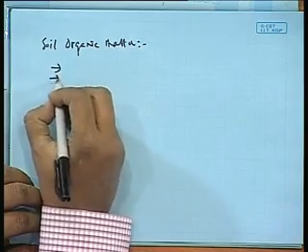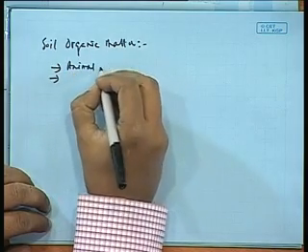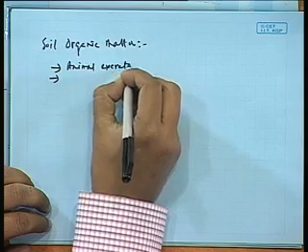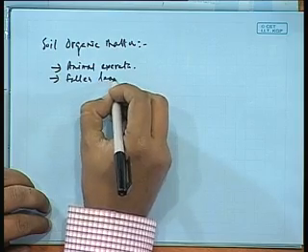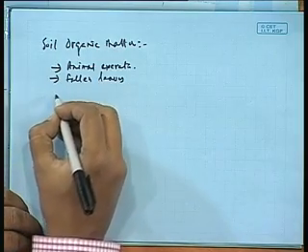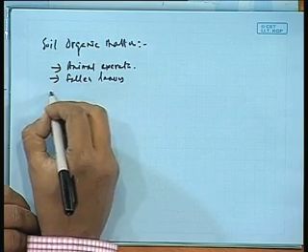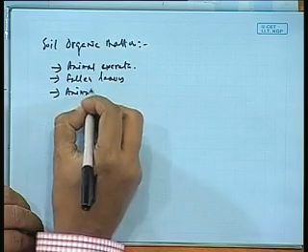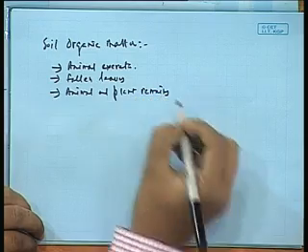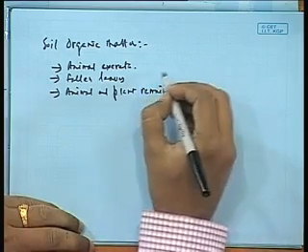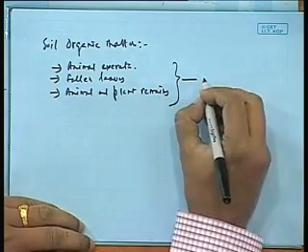This is particularly composed of animal excreta, fallen leaves, and animal and plant remains, which contribute to the soil organic matter.